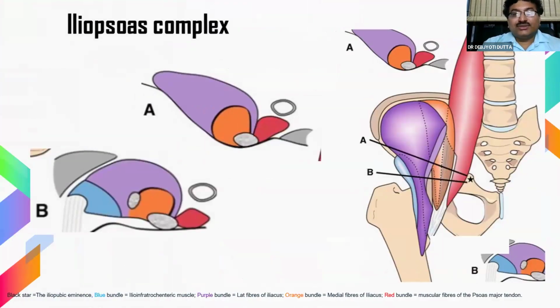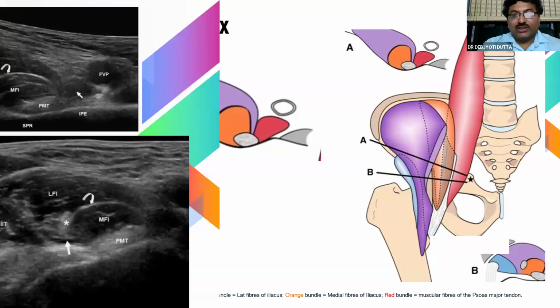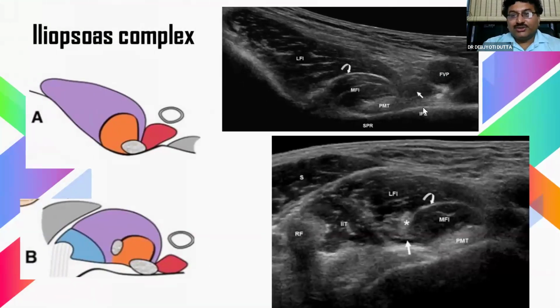Okay? So this is the iliopsoas. I'll be showing it on the volunteer. But again, you see this clearly. This portion is very, very important because here in the iliopsoas, what we see clearly at this portion are these medial fibers of iliopsoas.